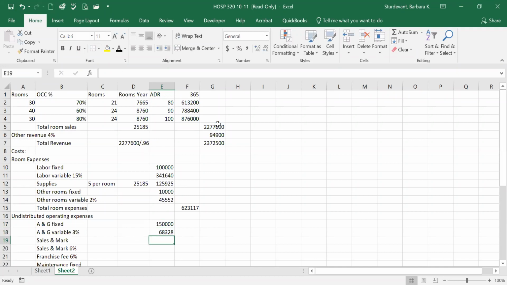Sales and marketing, we had fixed of 30, and then we had a variable of 6%. Franchise fee was exactly the same thing.